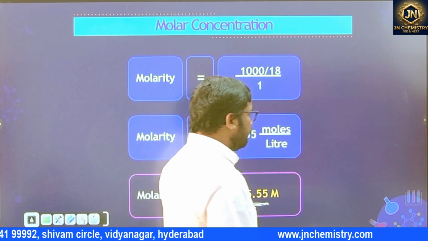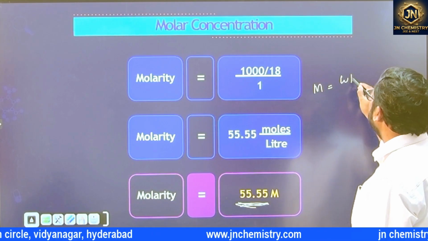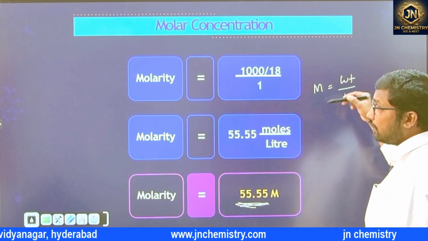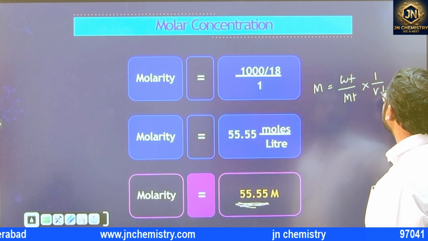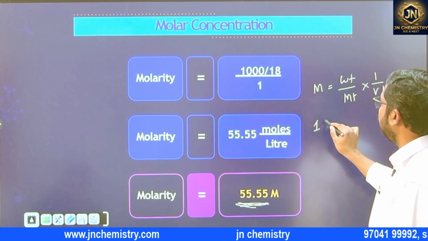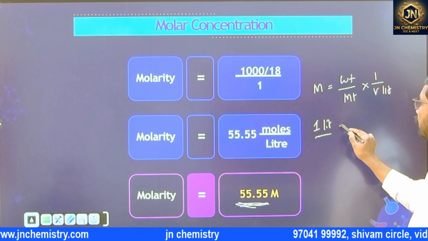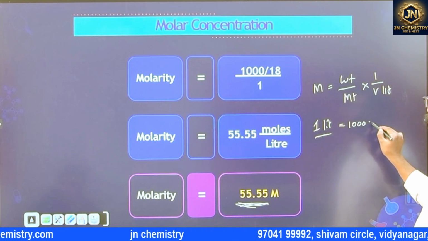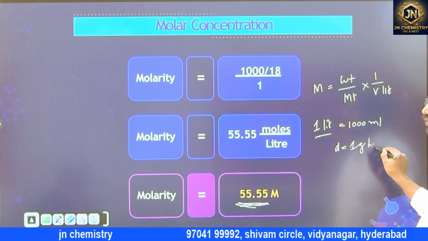Once again I am telling you, molarity is equal to weight by molecular weight, number of moles, into 1 by V in liters. For 1 liter, we are discussing. 1 liter is nothing but how many ml? 1000 ml. Density is equal to 1 gram per ml.